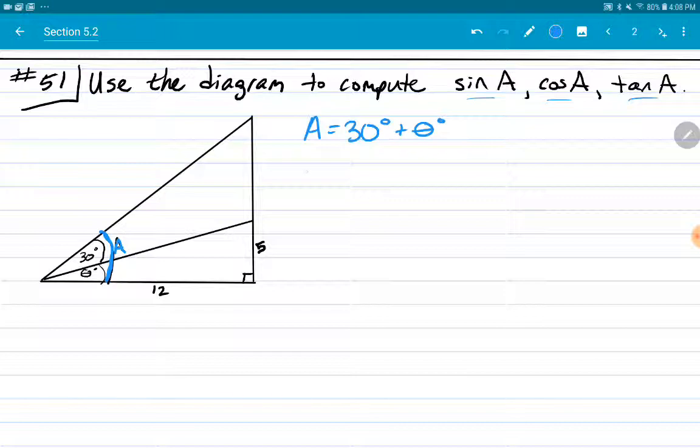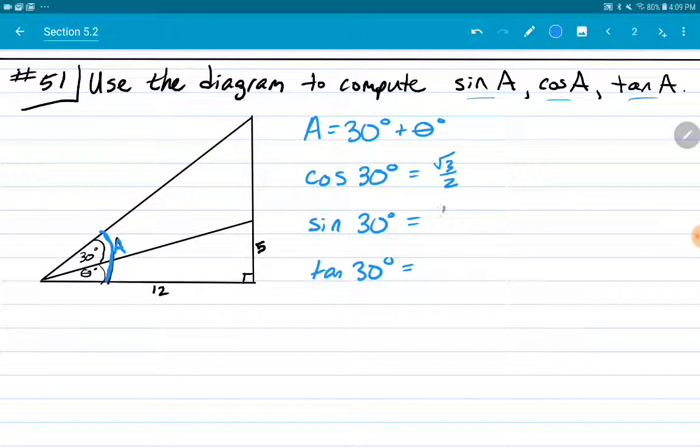But to do that, we'll need cosine of 30 degrees, sine of 30 degrees, and tangent of 30 degrees. We know these three from the unit circle. Cosine of 30 degrees is radical 3 over 2.